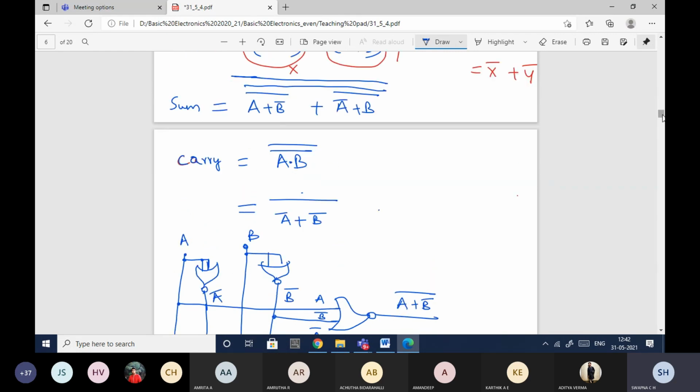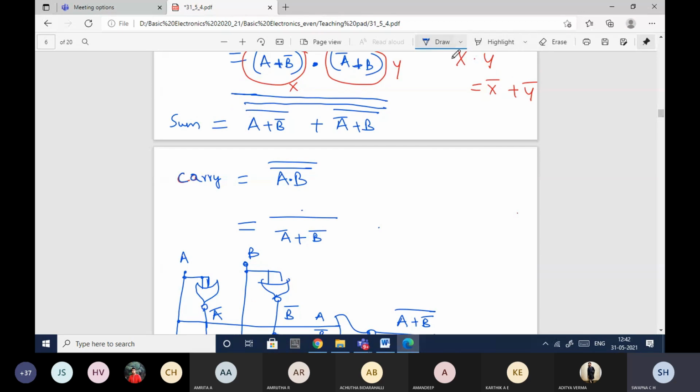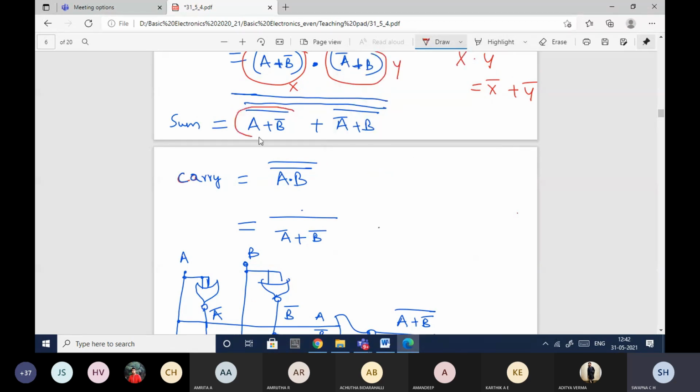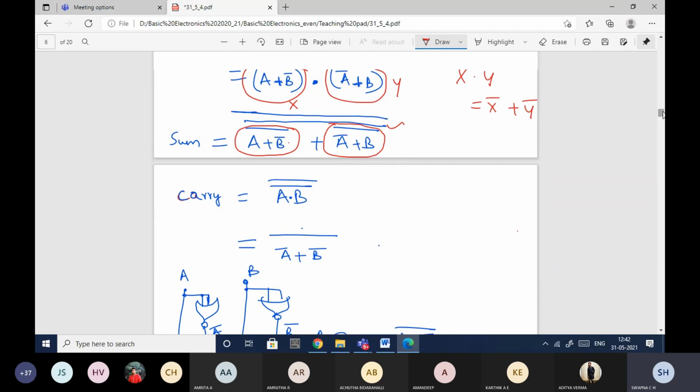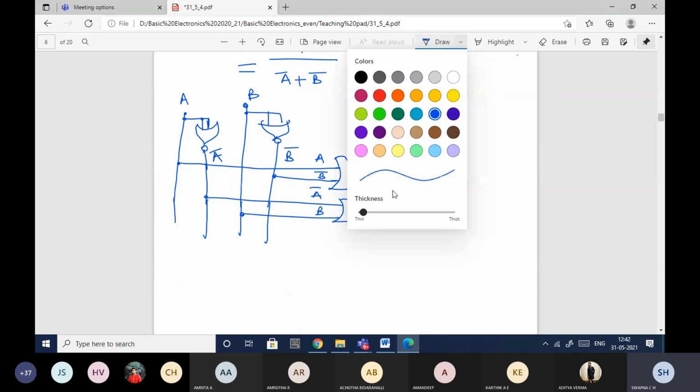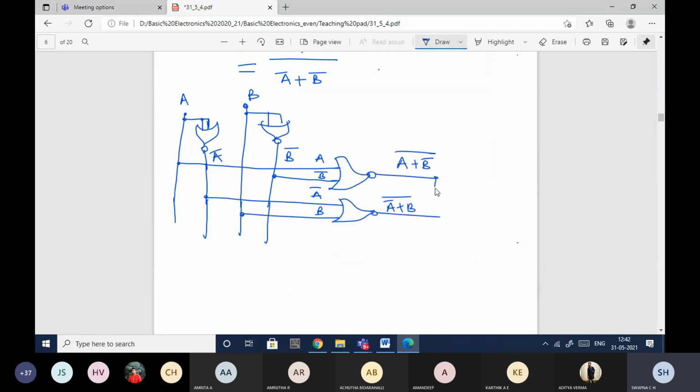If you just observe the equation, I've got this term and I've got this term. Now I need to get this term plus this term whole complement. So give it to a NOR gate.